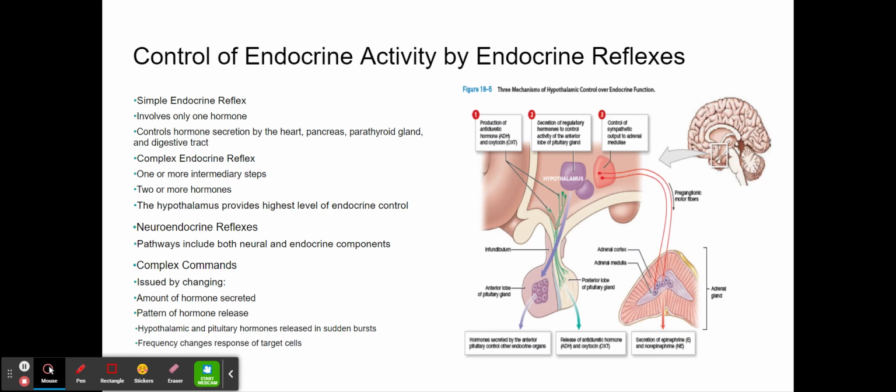In this example, the responses of the target cell change over time because the effect of insulin is proportional to its concentration. However, the relationship between hormone concentration and target cell response is not always predictable. For instance, a hormone can have one effect at low concentration and more exaggerated effects or even different effects at high concentrations. Several hypothalamic and pituitary hormones are released in sudden bursts called pulses rather than continuously.